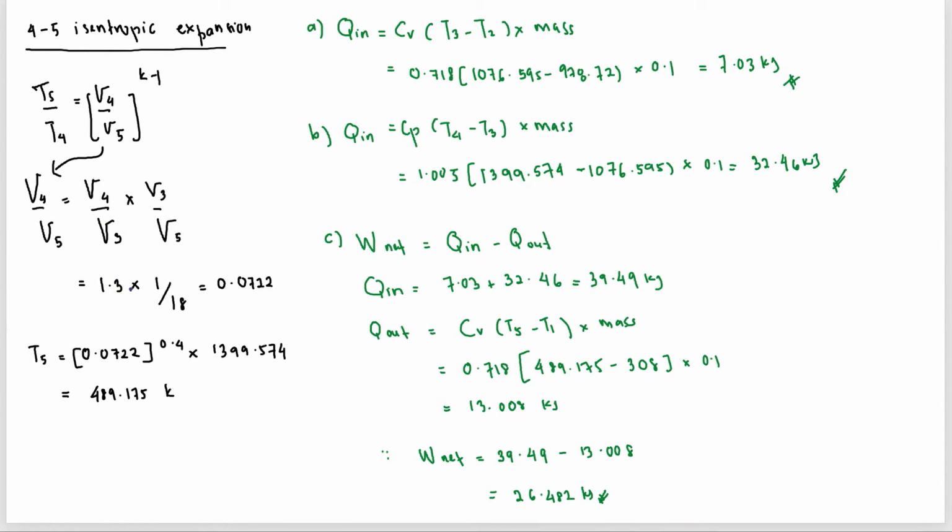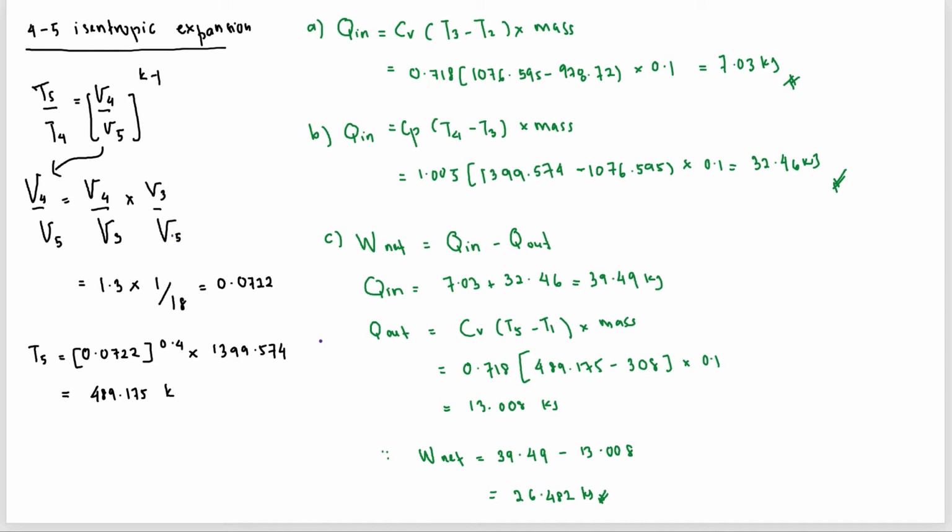V4 over V3 is the cut-off ratio and V3 over V5 is 1 over the compression ratio. Then we get the value of V4 over V5 as 0.0722, and from this value we replace here. Then we get T5 as 489.175 Kelvin.